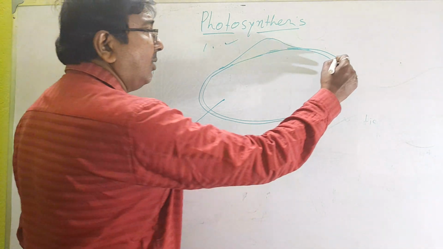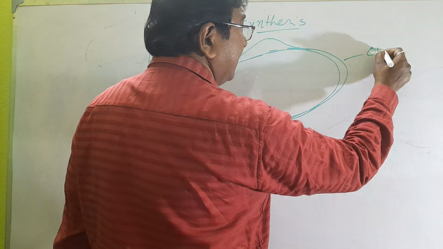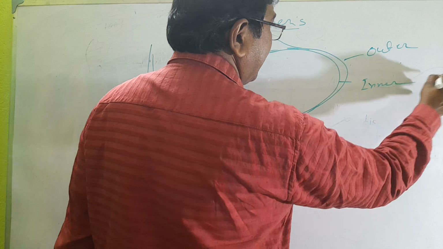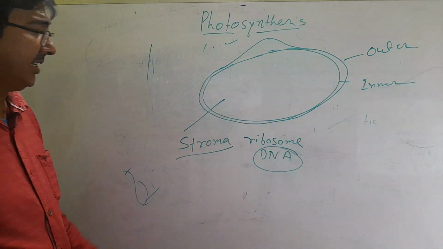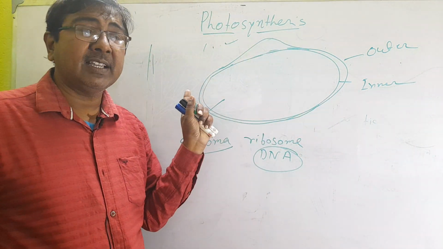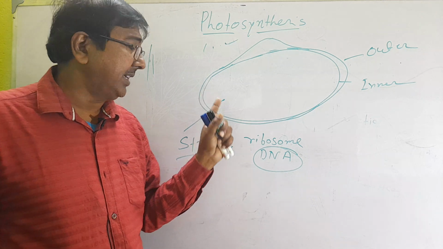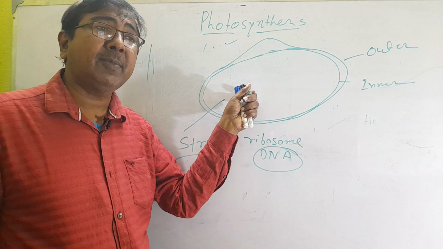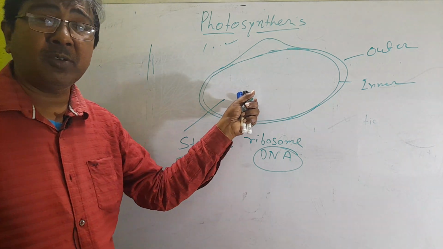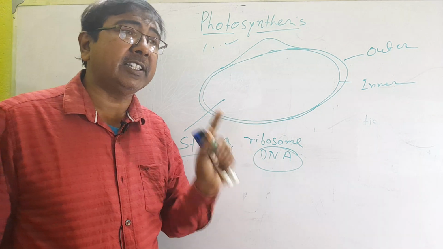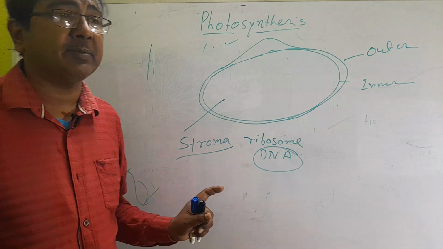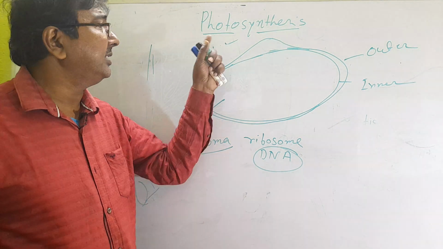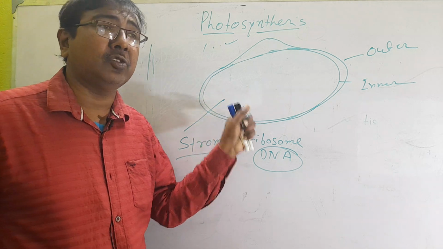This is the stroma, inside the outer and inner membranes. The dark reaction of photosynthesis occurs in the stroma.